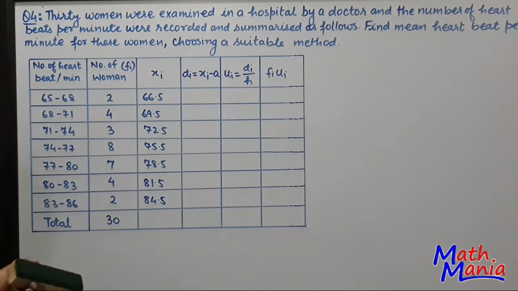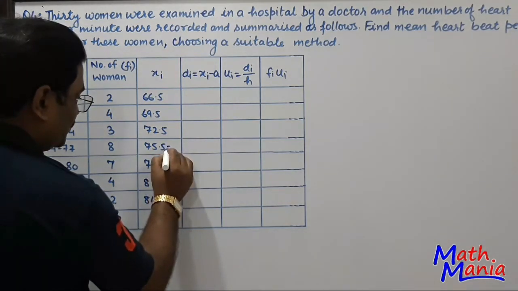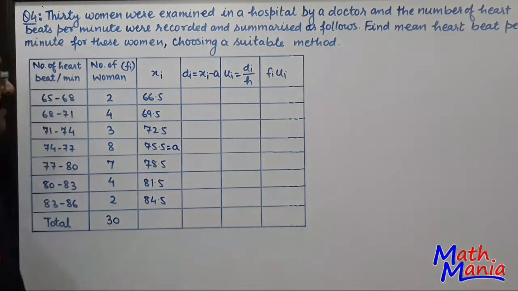Now let us take any assumed number, say a, and find the value of di, which is xi minus a.